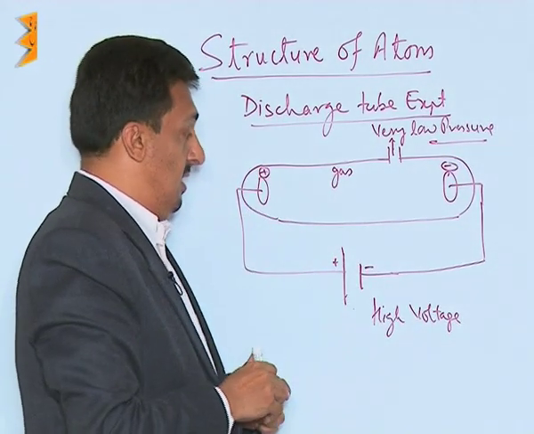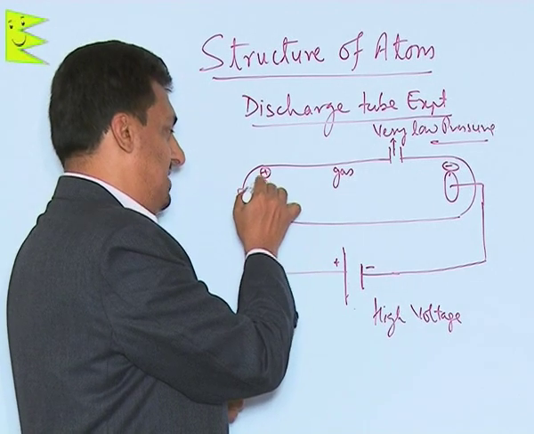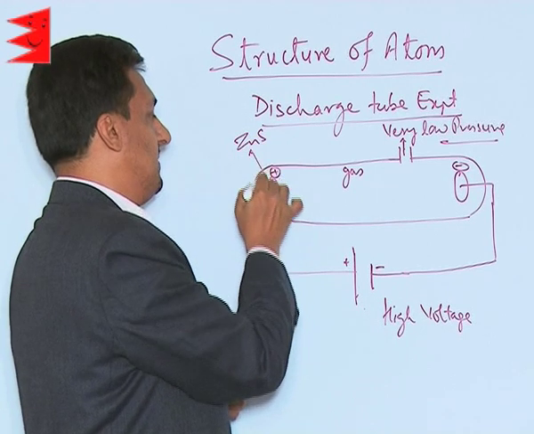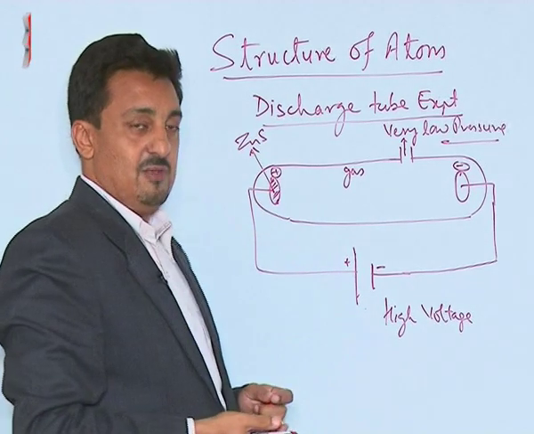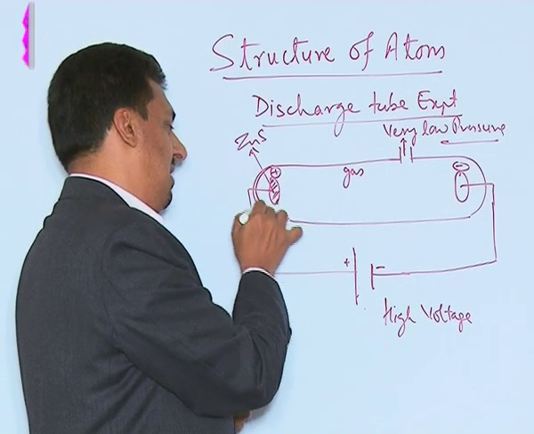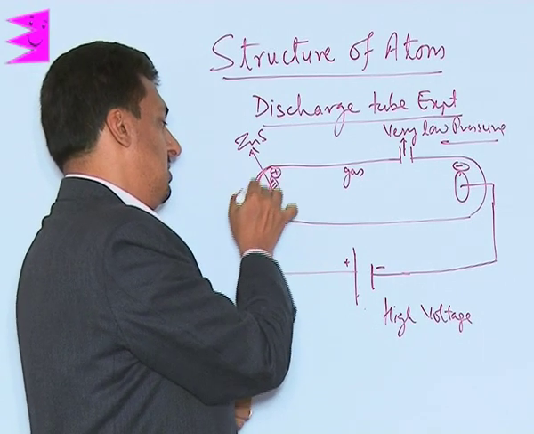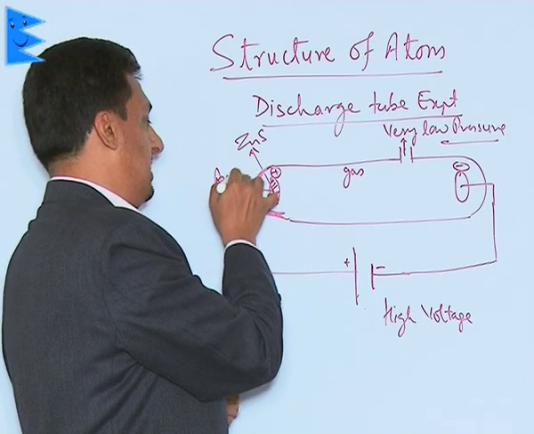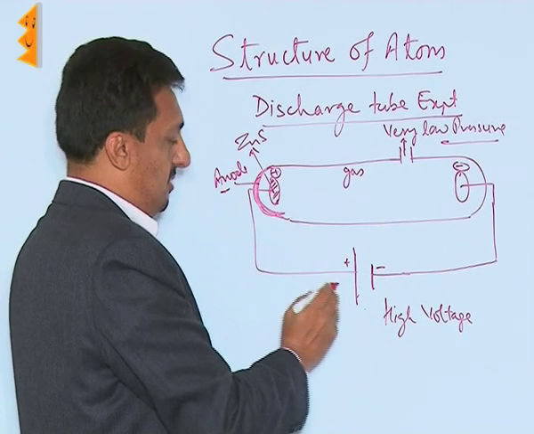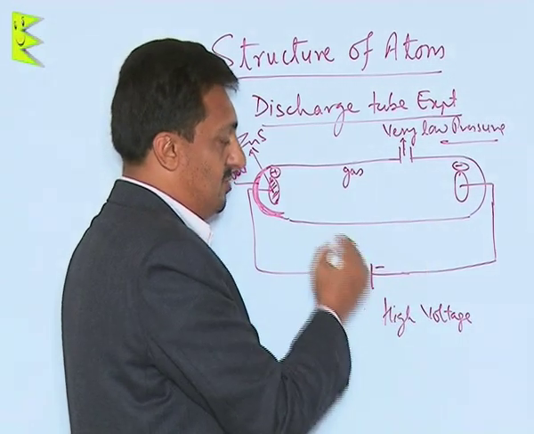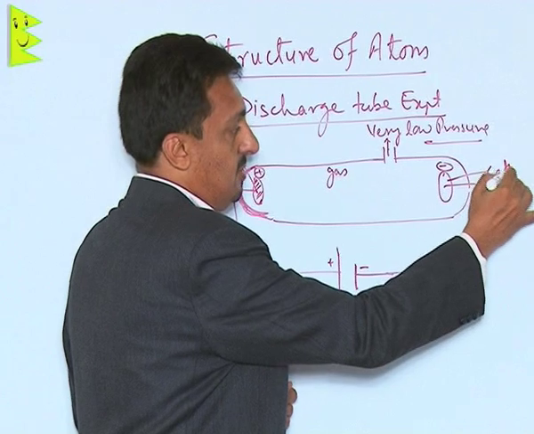Now when we plated this anode with compounds like zinc sulfide, which shows the phenomenon of fluorescence, or we coated the back side of this discharge tube here at the anode side, because we know this is the anode side. The side which is connected to the positive terminal is called anode, and the electrode which is connected to the negative side is called cathode.